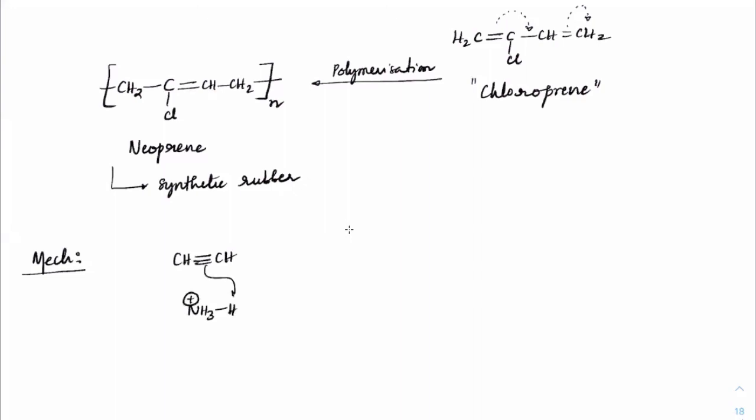So imagine this pi bond is attacking here, since it will become an unstable vinyl carbocation, and at the same time, imagine another pi bond is attacking here. So what do we get? We will get CH2 double bond C CH, which is connected to CH double bond CH plus. This kind of vinyl carbocation is formed.